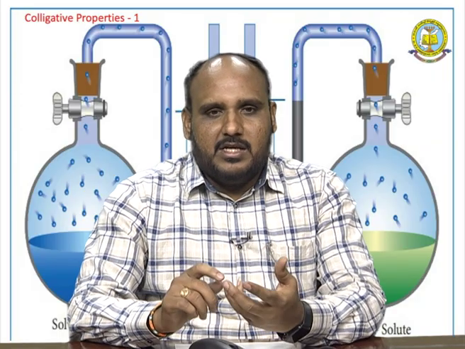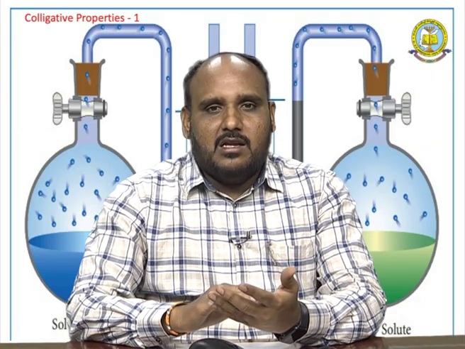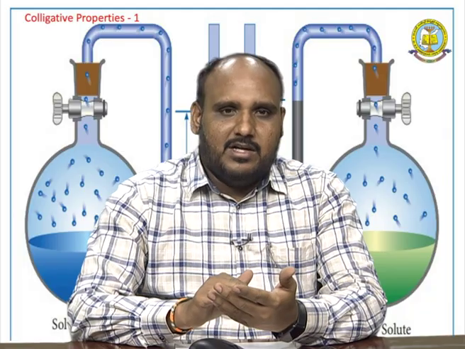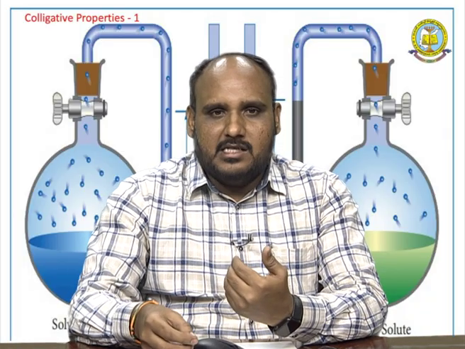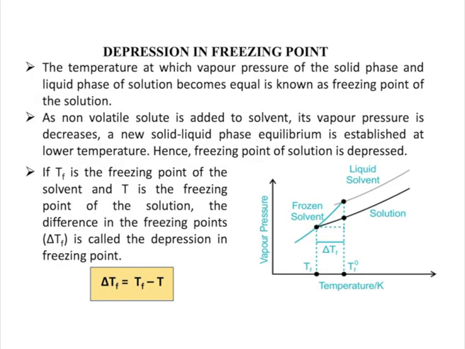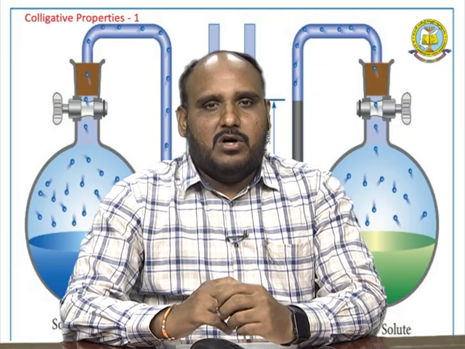In the same case, a non-volatile solute is added to the solvent, so the solvent's freezing point will decrease. Therefore, the pure solvent freezing point is denoted with Tf and the solution freezing point is denoted with T. The difference between these is known as the depression in freezing point. This depression in freezing point is similarly expressed as the elevation of boiling point.